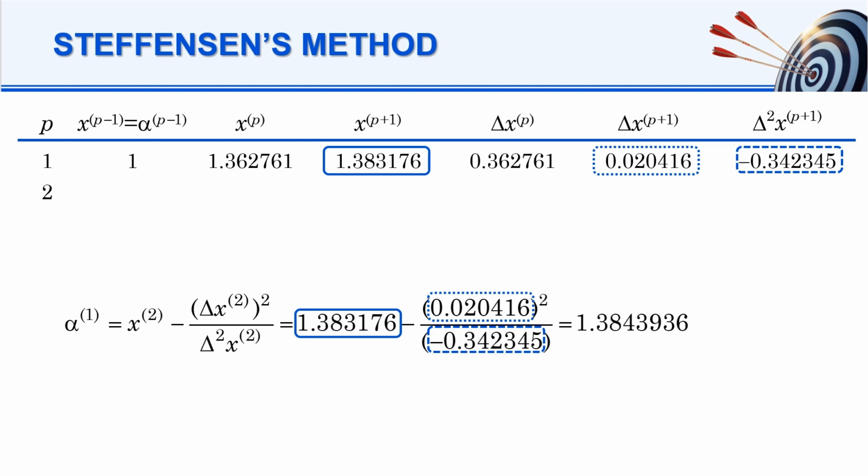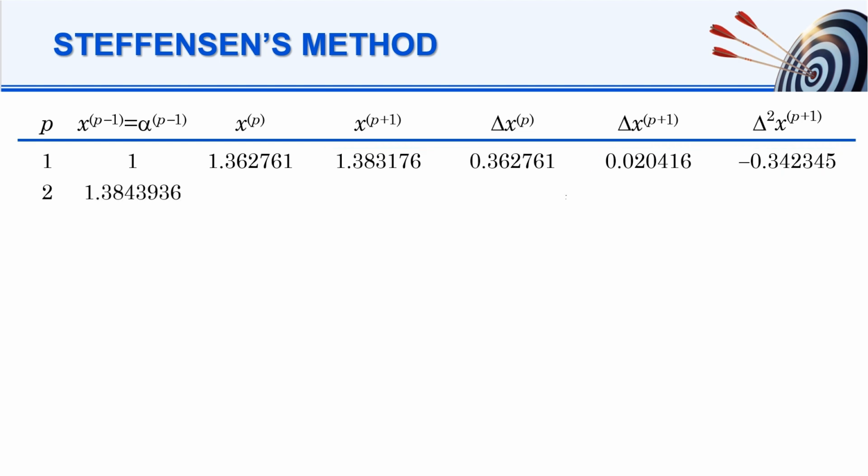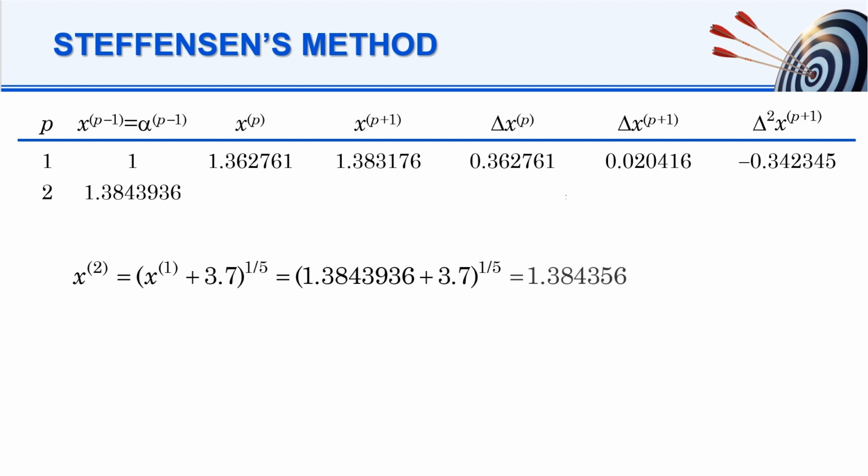Alpha 1 yields 1.3843936. Next, we set alpha 1 as x1 and calculate x2 and x3 using the fixed point iteration equation.